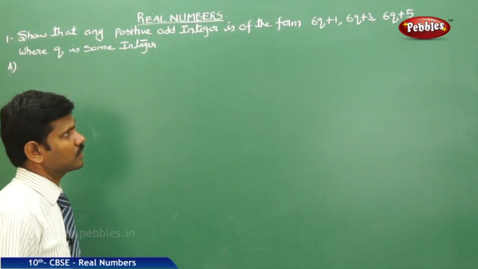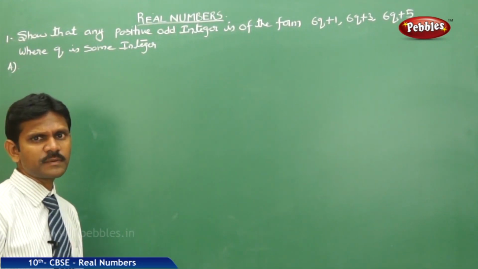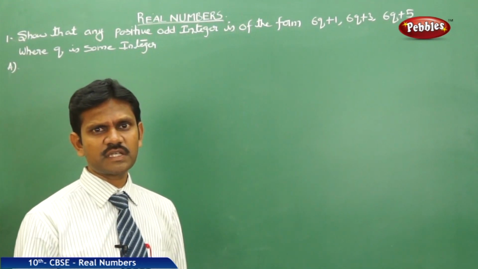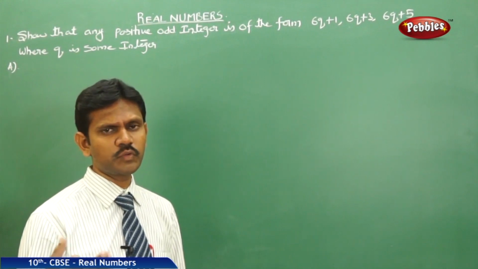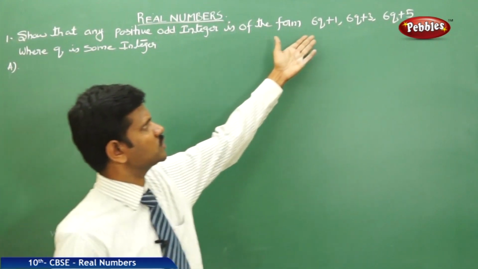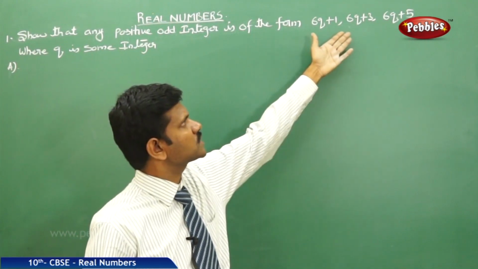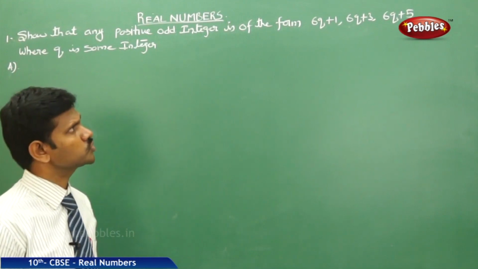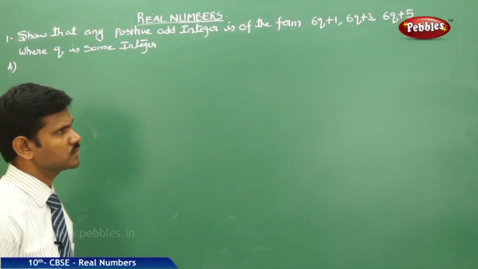That means every even number can be expressed as a multiple of 2, that is 2n. Every odd integer can be expressed in the form 2n plus 1. Now from the question, we have to show that 6q plus 1, 6q plus 3, 6q plus 5 are only odd integers.